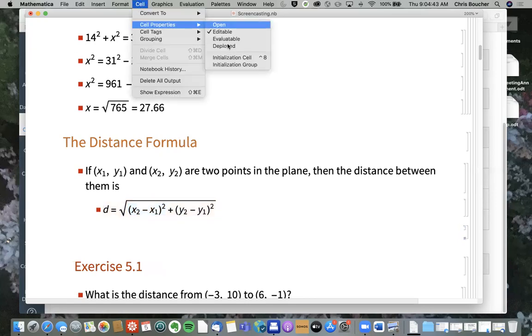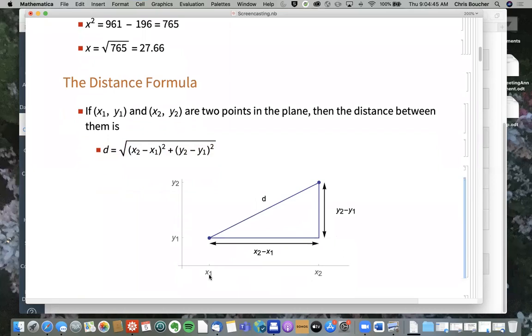And the reason for this distance formula comes from this picture. So here I have 2 points, the two blue points. The blue point, you can see it has x coordinate x1, it has y coordinate y1. The upper right point has x coordinate x2 and y coordinate y2, right? So this is x1, y1. This is x2, y2.